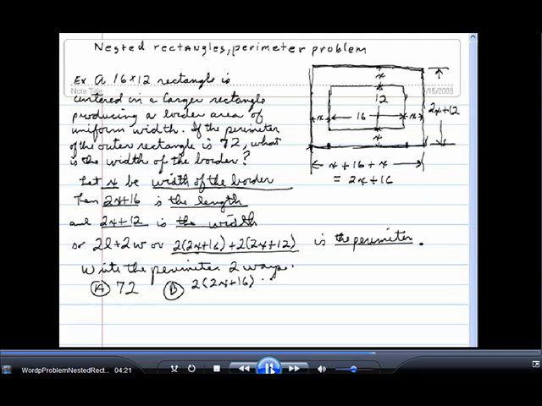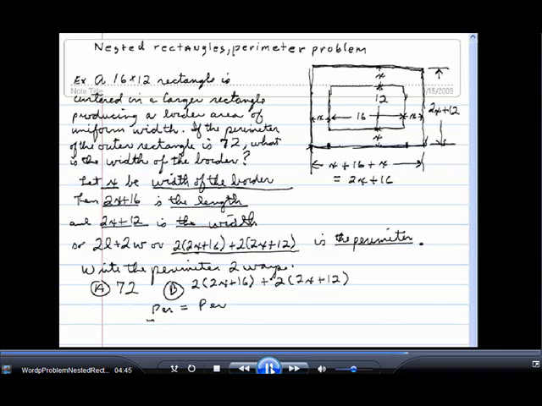The complicated way to write the perimeter is 2 times (2x plus 16) plus, oops, left out a 2 there, plus 2 times (2x plus 12), and our setup equation is just going to be perimeter equals perimeter. That's kind of hard to dispute.